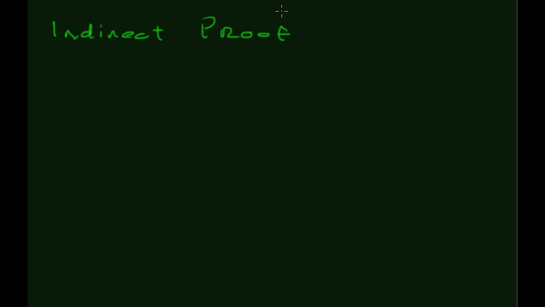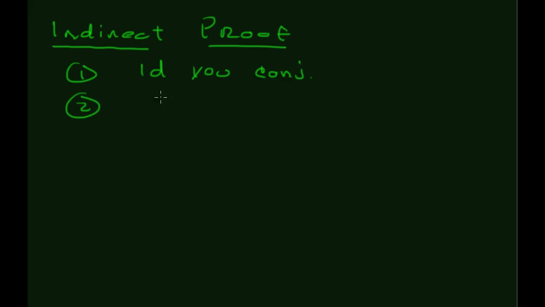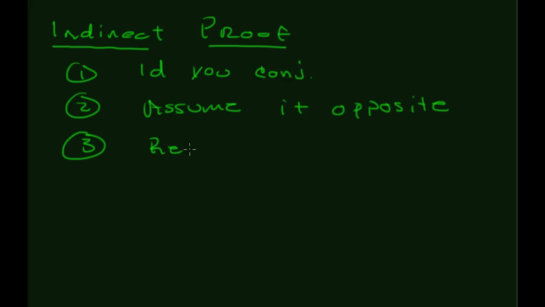When you do an indirect proof, you take 4 steps. You first identify your conjecture, so what you're trying to prove. Number 2, you assume its opposite. Number 3, you reason from that opposite to a contradiction.